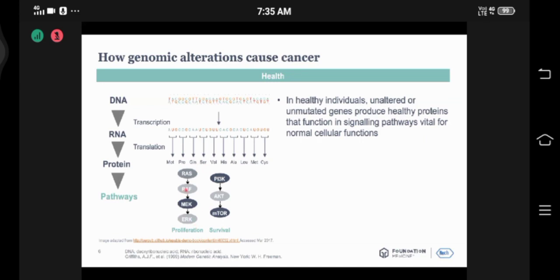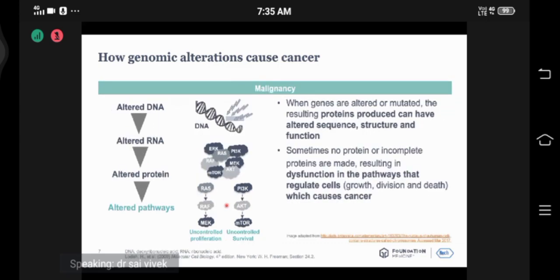So the essence of all these pathways are the proteins. And where are the proteins coming from? They're coming from the RNA. And where is the RNA coming from? That's coming from DNA. So in healthy individuals, unaltered or unmutated genes produce healthy proteins that function in signaling pathways vital for normal cellular functions.